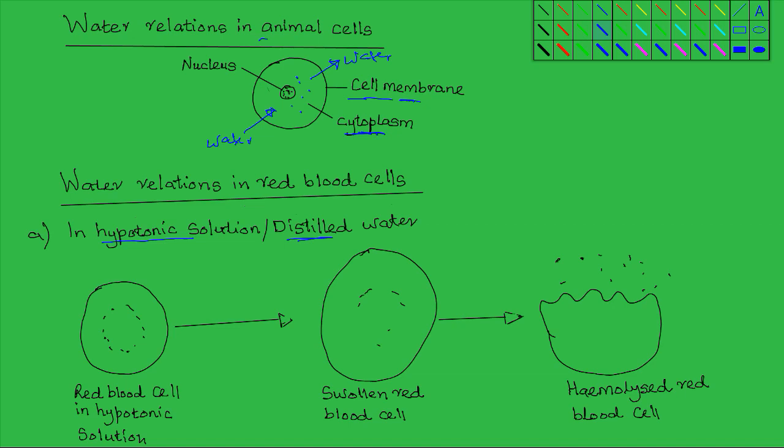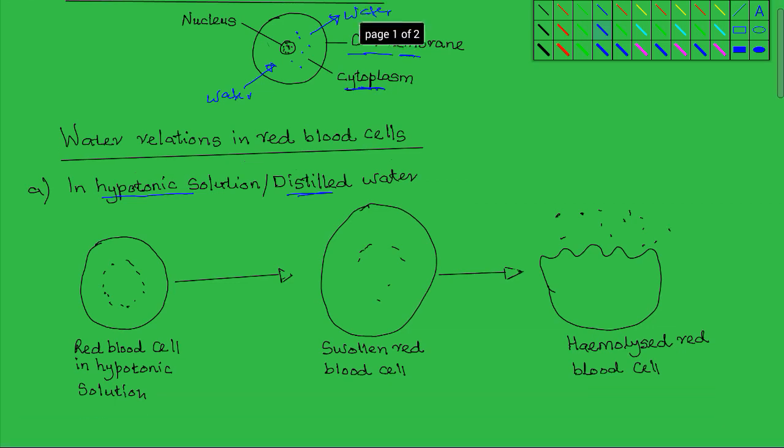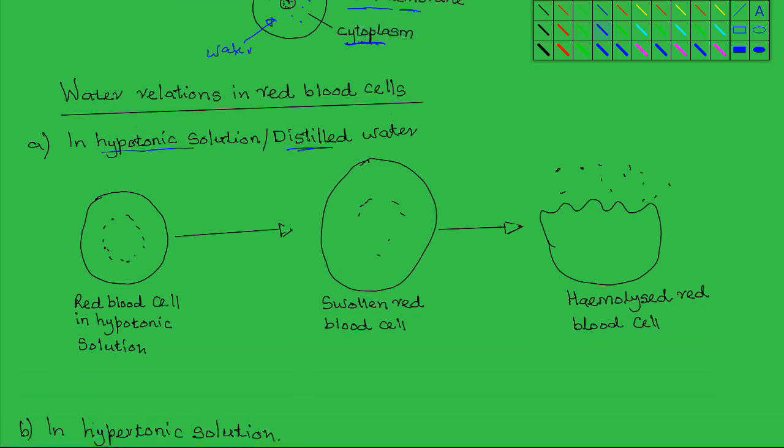This results in a net gain of water. So water moves into the cell by osmosis. As more and more water enters, the cell tends to swell. And if this continues, with more and more water entering the cell, it will swell further and eventually burst.